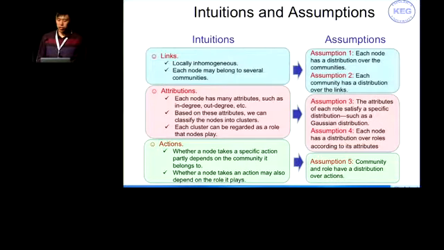Besides, each node may belong to several different communities, and whether it has a link to other nodes might depend on the communities which it belongs to. Based on this intuition, the authors make two assumptions: each node has a distribution over communities, and each community has a distribution over the links.